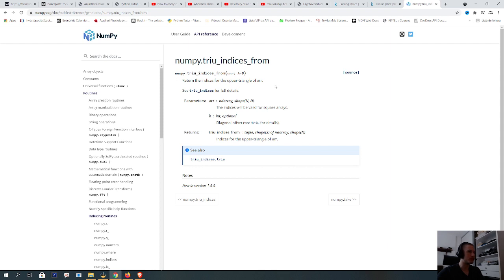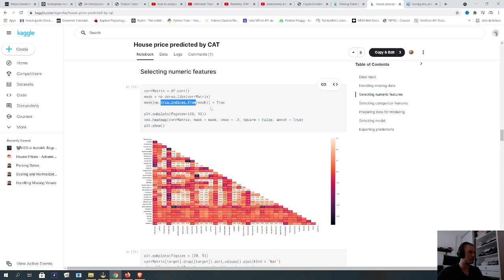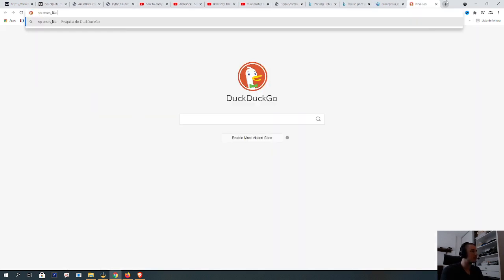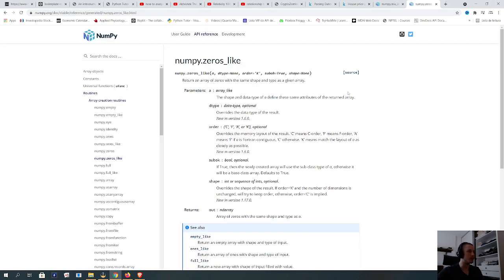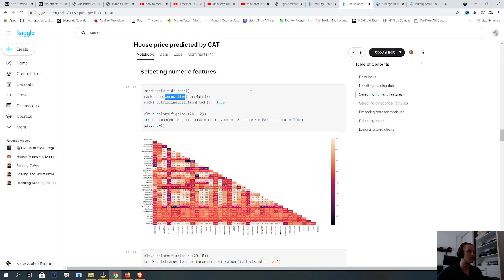Return the indices for the upper triangle of R, which in this case is mask, which is this thing here. Return an array of zeros with the same shape and type as a given array. So he's creating a frame, I think, to draw the heat map from.